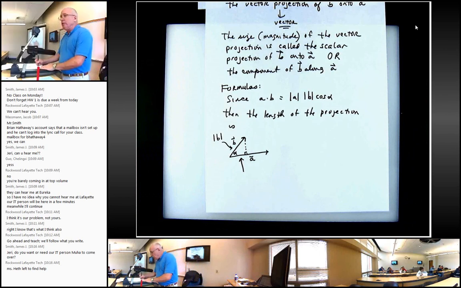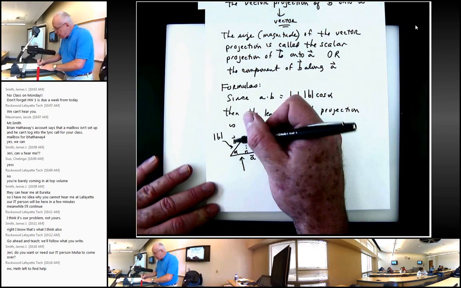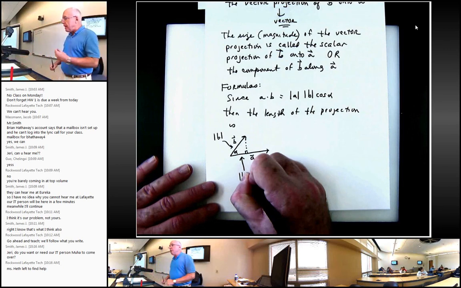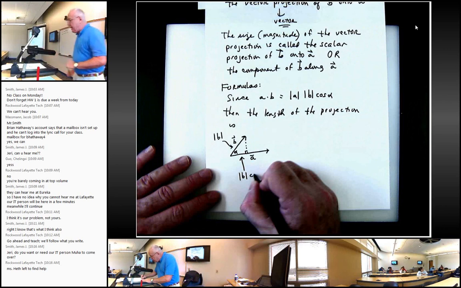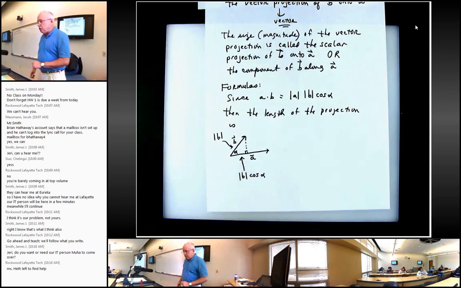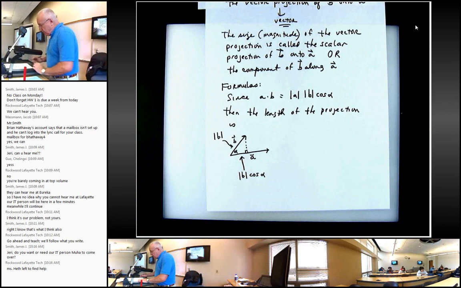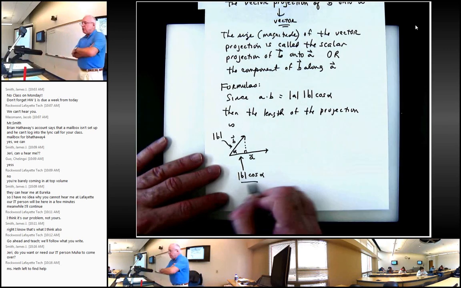Well, we're going to use the cosine, which is the adjacent over the hypotenuse. The length of that shadow is going to be the hypotenuse, the magnitude of B, times the cosine of the angle between the two vectors, cosine of alpha. So that is basically the length of the projection.